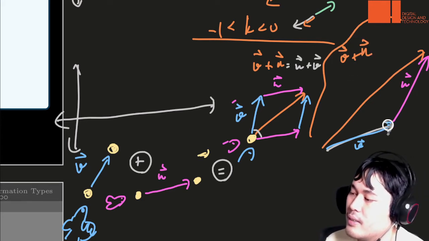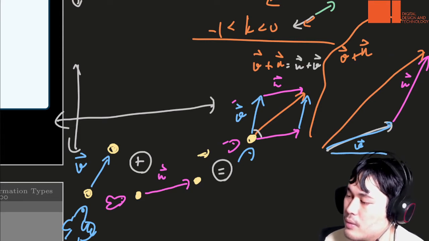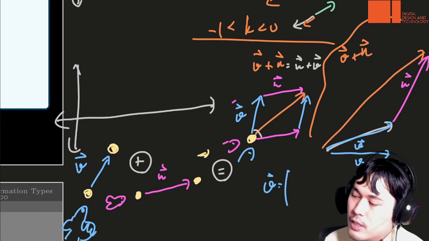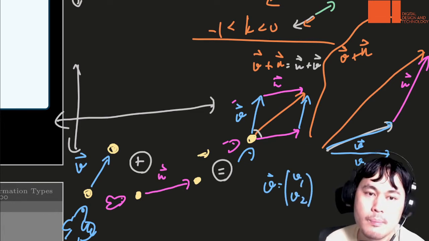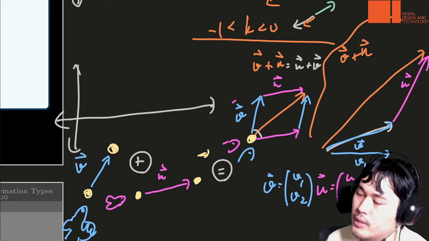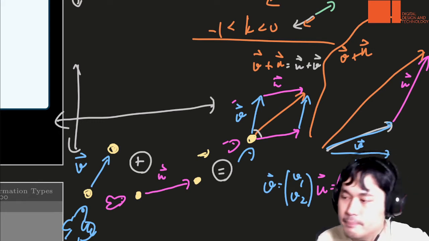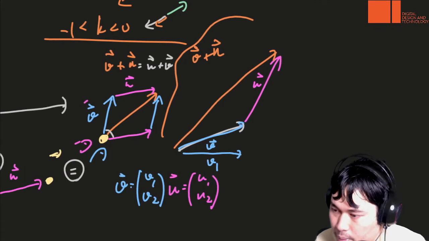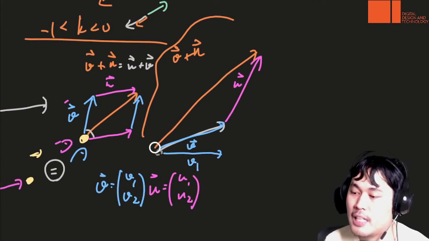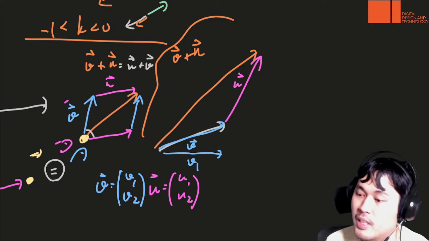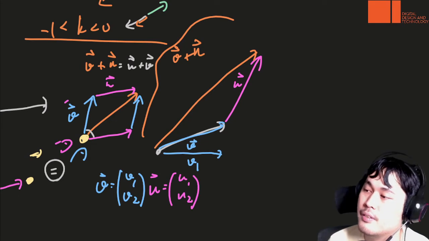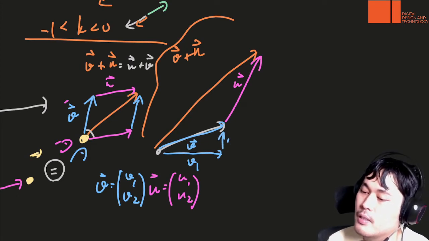So this vector V means you move to the right by V1 step, or let's say V is (V1, V2). And also vector U is (U1, U2). So V1, V2 implies that we start from any point, and V1 tells us to move to the right by V1 steps and move up by V2 steps.